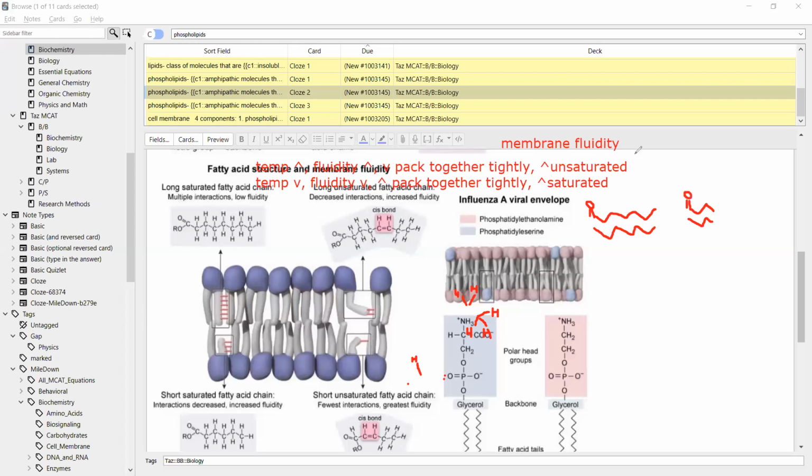Which will have more, so we can see from this picture, the little red lines showing bonding, right? Which of these will have more bonding? Which of these will pack together better? If we draw out van der Waals bonds, right?